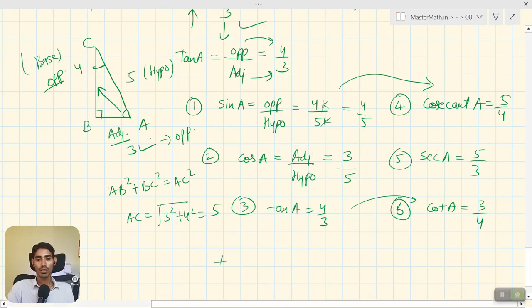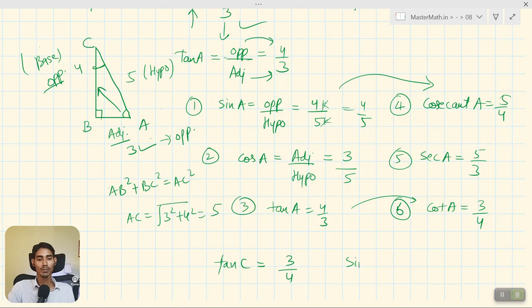So tan C is 3 by 4. Okay, and other things, depending on this 3 by 4 ratio, we could calculate.